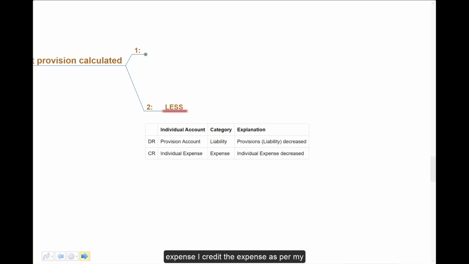To reduce an expense, I credit the expense as per my rule. So again, if this is not making 100% sense, good idea, go back into this particular chapter, or indeed the allowance for receivables area under the receivables banner of provisions for irrecoverable debts. That would be a good one to look at as well, because it's exactly the same as I've just described.